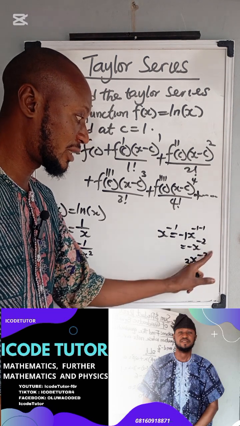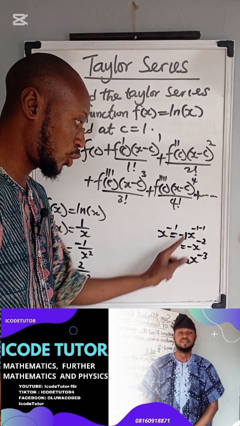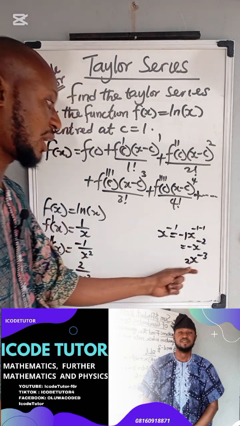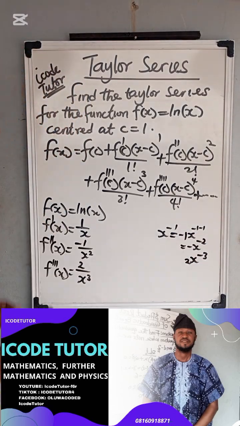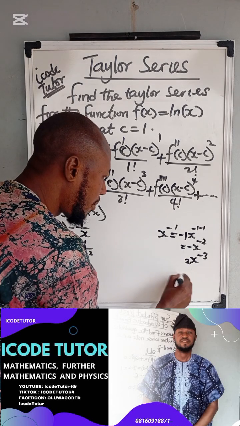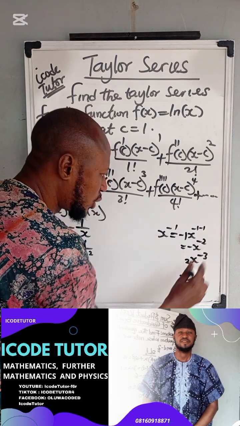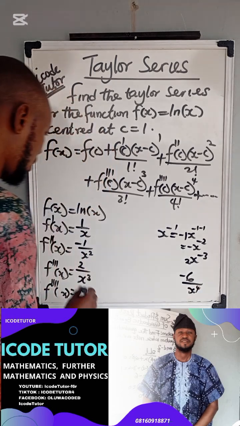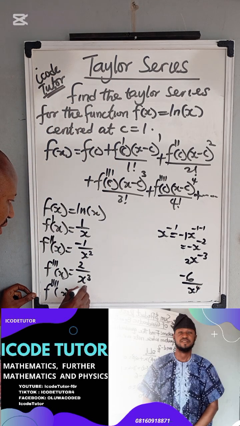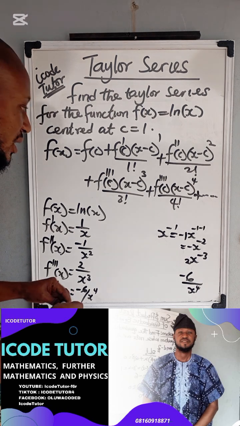That means that we have 2 multiplied by 1 over x cubed, that is 2x raised to power minus 3. Now the fourth derivative of x, let's differentiate this. This one will be minus 6 times x raised to power minus 3 minus 1, that's minus 4. That means that we have minus 6 divided by x raised to power 4. That is the fourth derivative.